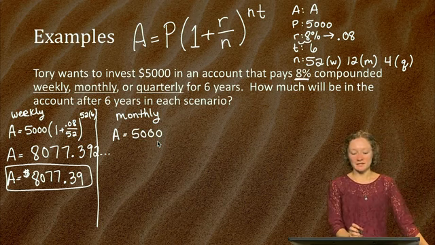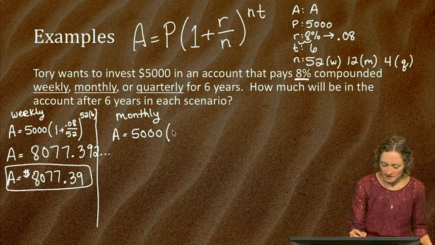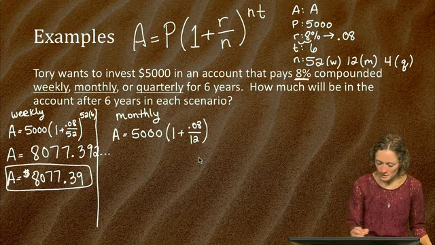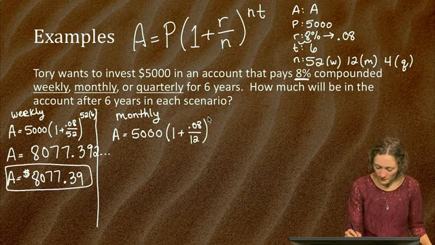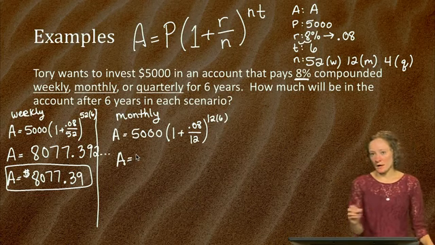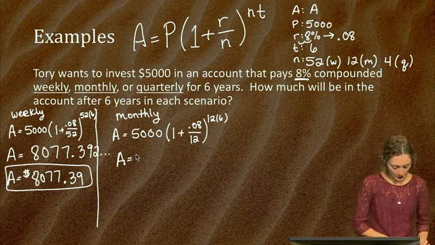Plugging in all these pieces, the P is 5,000 times the quantity, 1 plus our rate is still 8%, but now our N changes. Instead of 52, we have 12, raised to the 12 times 6 power. I'm going to write out what it would look like in the calculator for the third scenario.